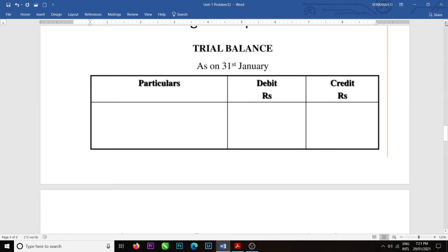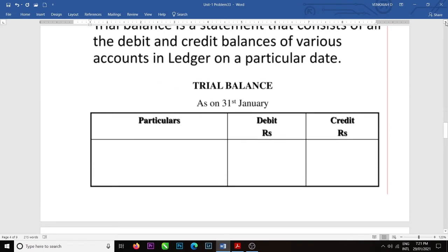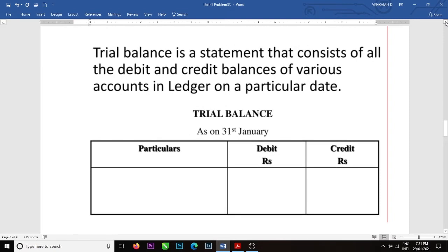Now we simply understand what a trial balance is. A trial balance is a balance of all ledger accounts on a particular date.